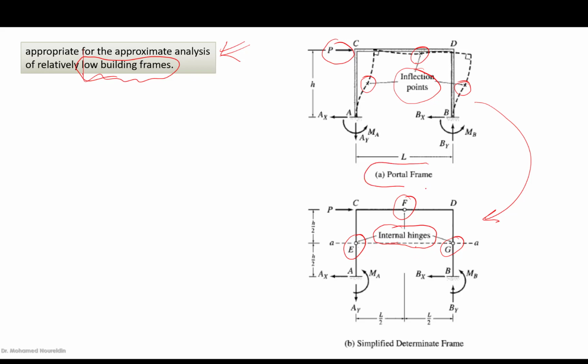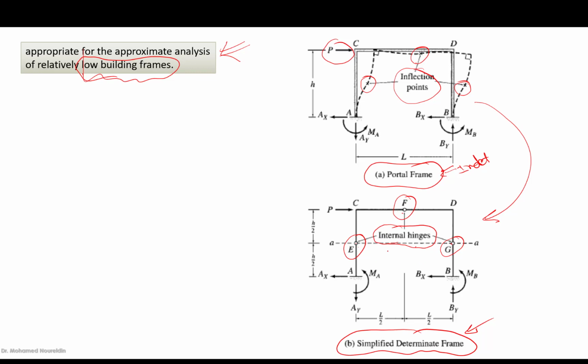So we changed the portal frame to a simplified determinate frame. This was an indeterminate frame. Here it is going to be determinate because we introduced an internal hinge at each column and girder for each loop.